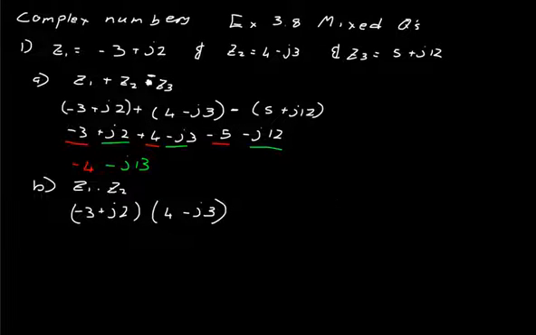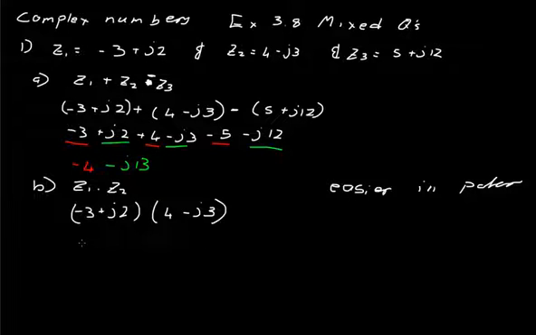Now remember, we said multiplication of complex numbers is easier in polar form, but for now I'm going to do it in rectangular form because I have a suspicion that that's actually what they want.